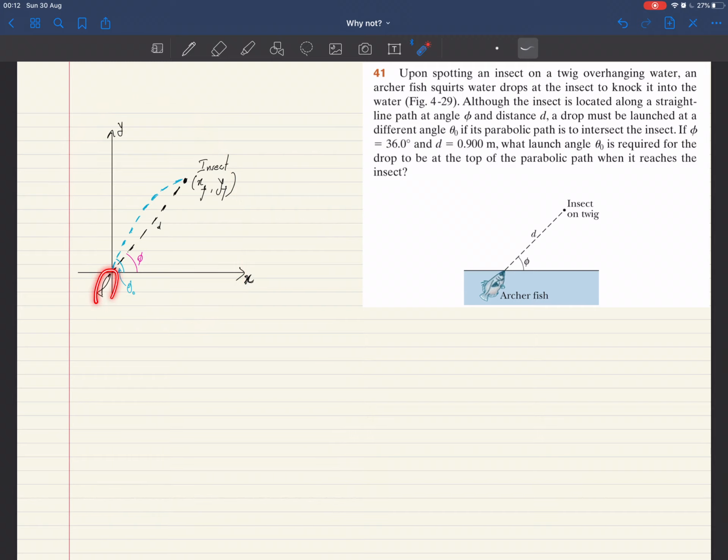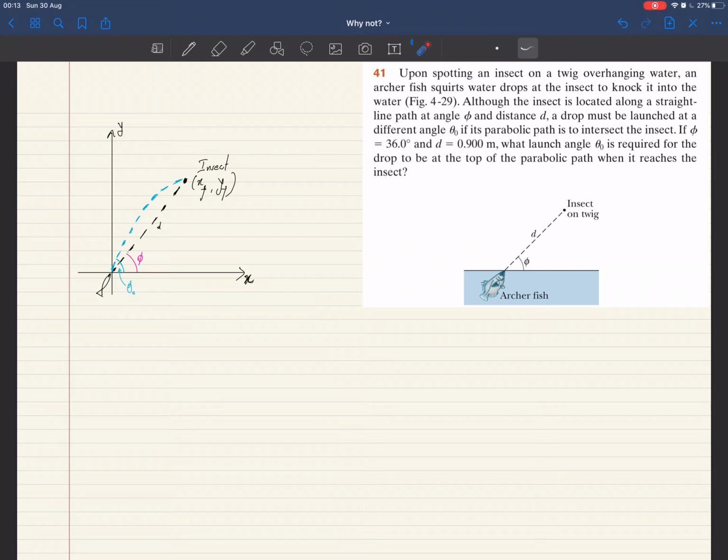Our fish is located at what I have designated as the origin, and the purple angle represents the angle, phi, at which the fish will observe the insect. The fish would like to hit the target, but if it were to squirt the water at the same angle phi, obviously due to gravitational effects, the water won't make it to the insect.